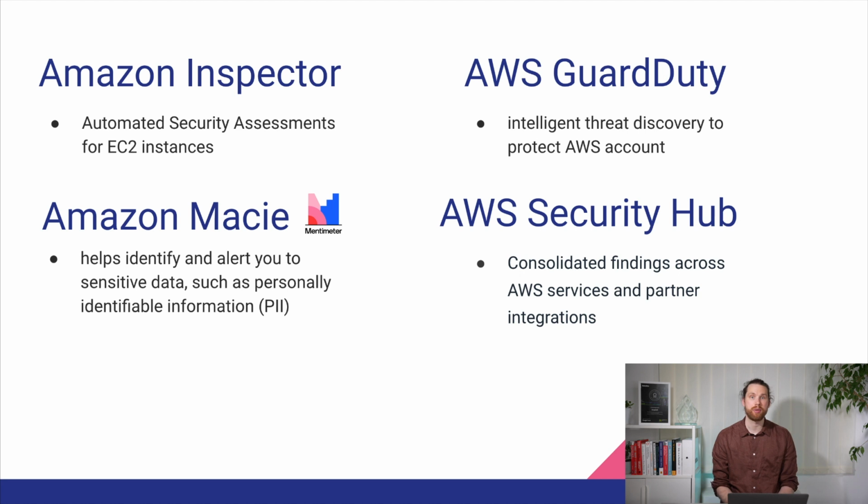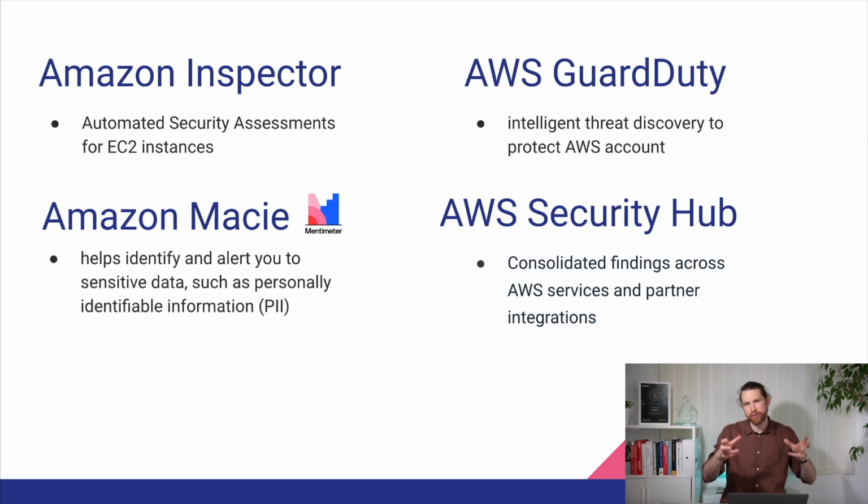Next one, AWS GuardDuty. AWS GuardDuty is an intelligent threat discovery service to protect your AWS workloads. It uses machine learning and predefined pattern matching logic, and it checks your CloudTrail logs, your VPC logs, basically your network traffic logs, or your DNS query logs.